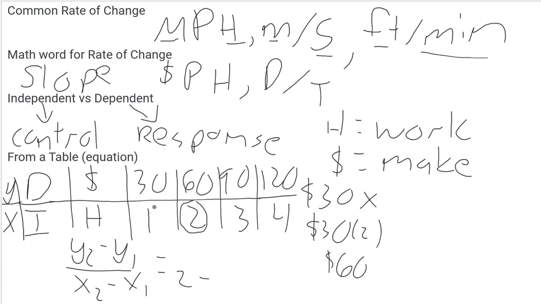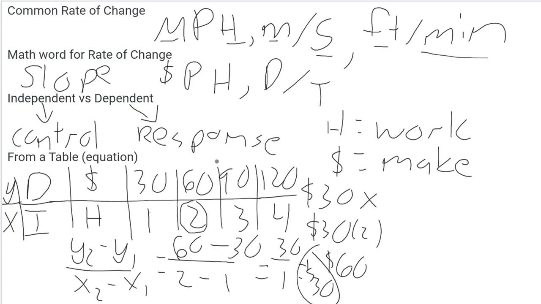This is the first x number I see. Then this has to go to y, and the second y number I see, minus the first y number I see. 60 minus 30 is 30, and 2 minus 1 is 1. 30 divided by 1 is 30. So, based off of this table, I'm getting paid $30 an hour.